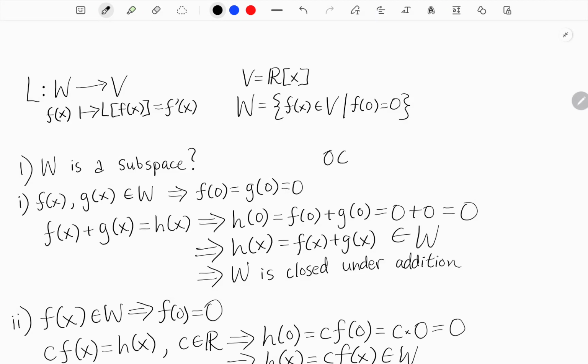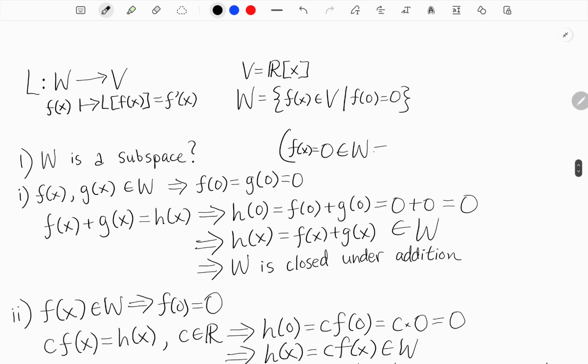We know 0 is in W. If I say f of x is the 0 polynomial, then f of anything is equal to 0. So here we get W is non-empty.